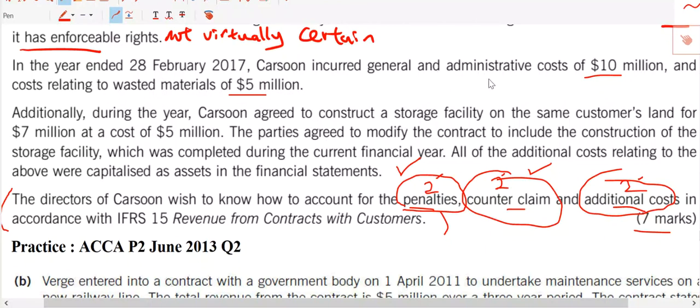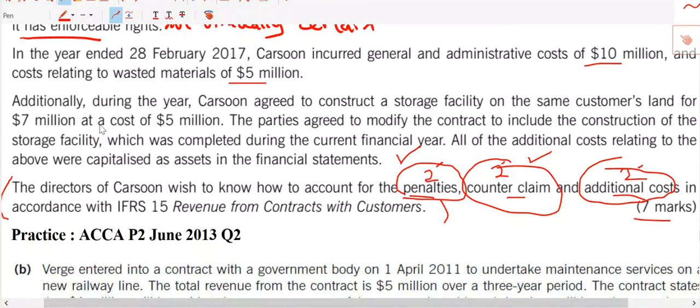General and admin costs: the CEO salary, for example, accountant salary, the office maintenance cost. Wasted material could be due to wrong design or wrong planning, or while doing construction an accident happened, so some material wasted, 5 million. But what do we do with these two?